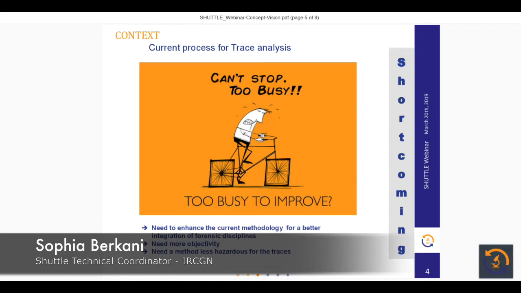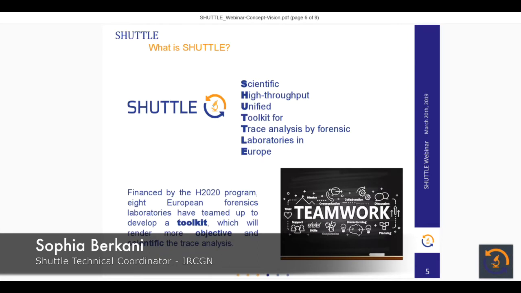So we need to enhance the current methodology. We need more objectivity and a method less hazardous for the microtraces. We need something like Shuttle. So what is Shuttle?